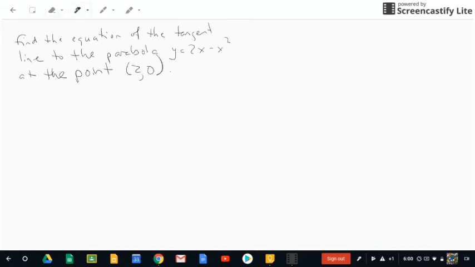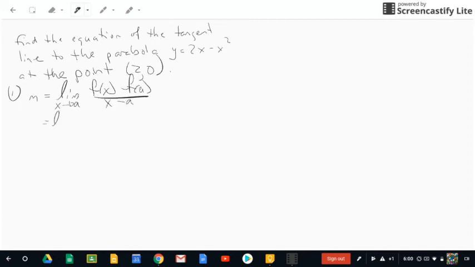Okay, now again, we're going to apply the two different methods of doing this. So our first method here works because we know very specifically what the point of tangency is. So we're going to take the limit as x approaches a of f of x minus f of a all over x minus a.